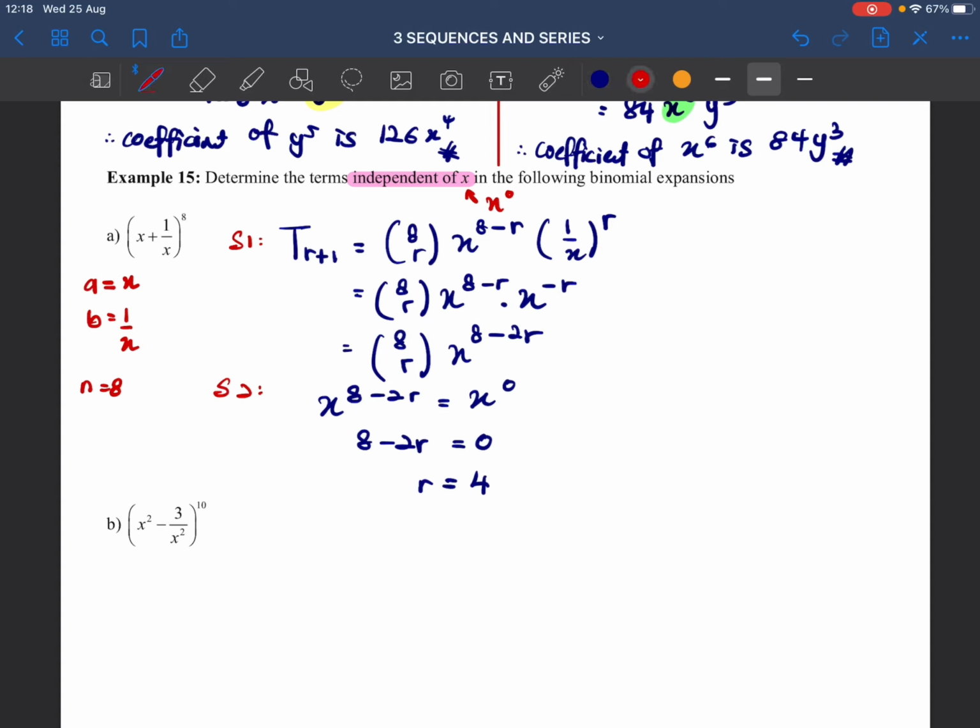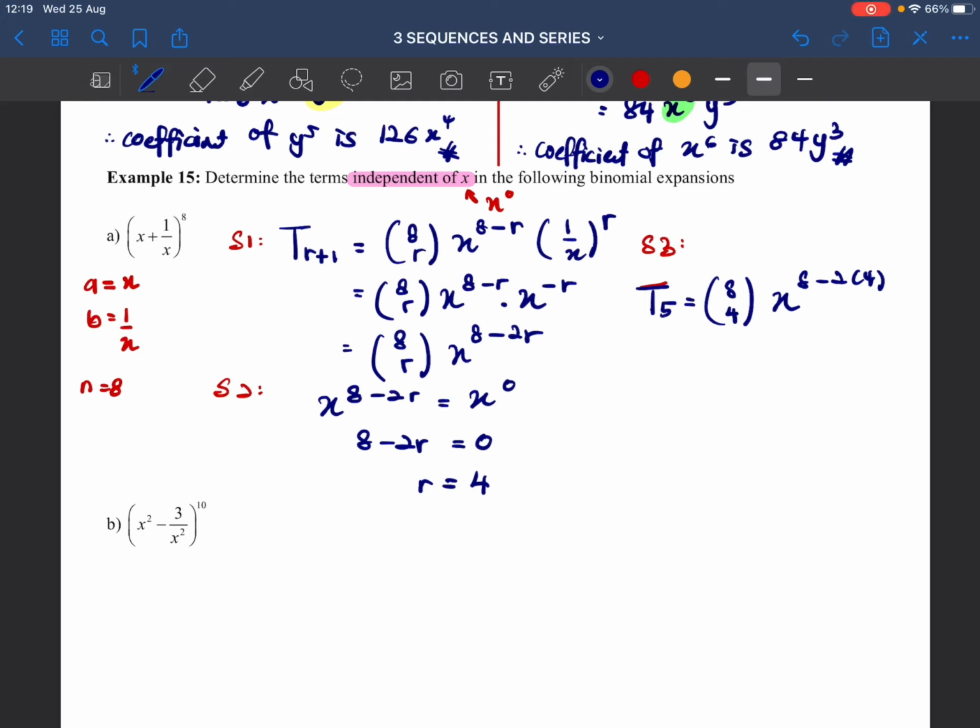Now substitute back into the formula. Okay, the formula that we have simplified, substitute r into the simplified formula. So we will get T of 4 plus 1, we will get T5 equals 8C4 x to the power of 8 minus 2 times 4. Okay, obviously you will get x to the power of 0.